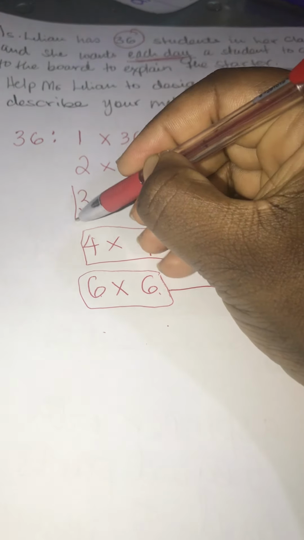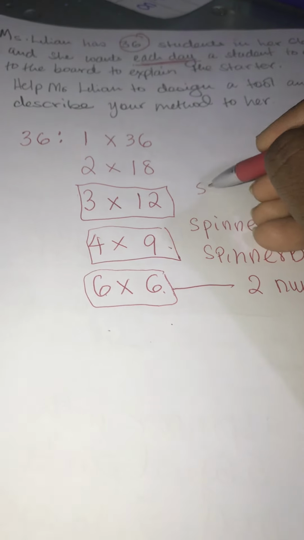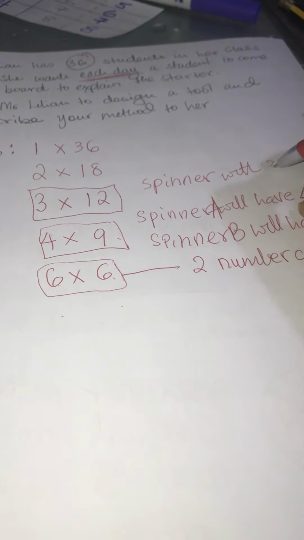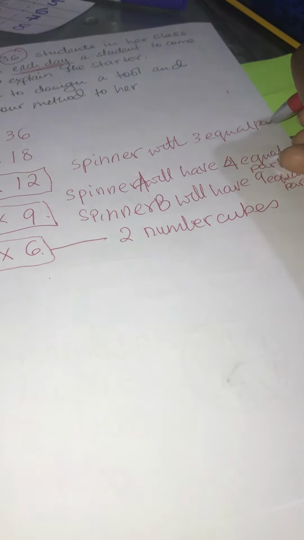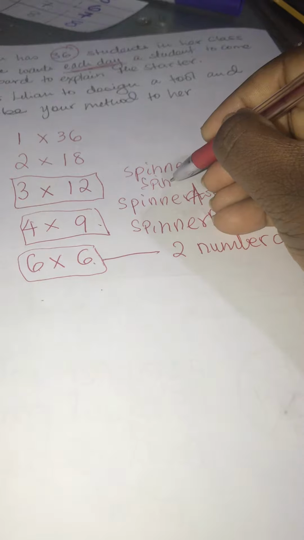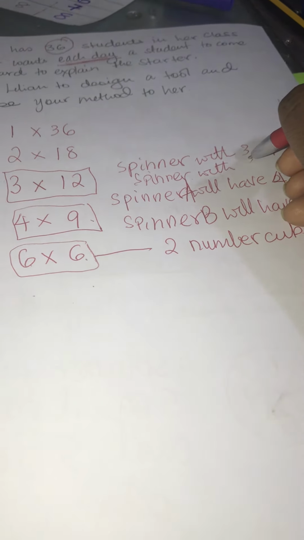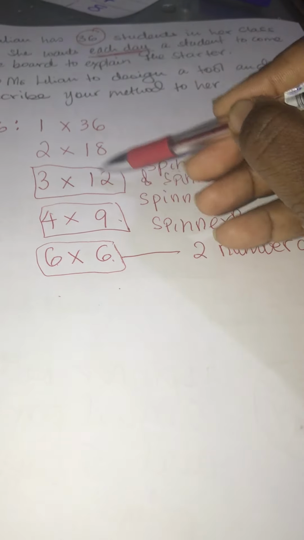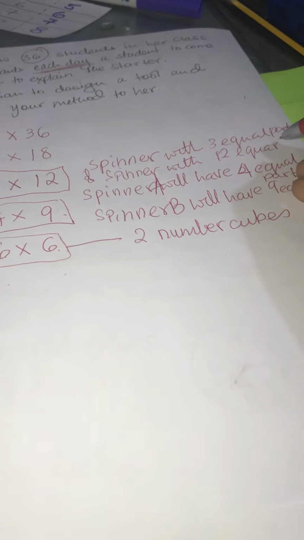Then I have 3 and 12. The same thing, a spinner with 3 equal parts and a spinner with 12 equal parts. They are together because you have two of them. Because you want 36.